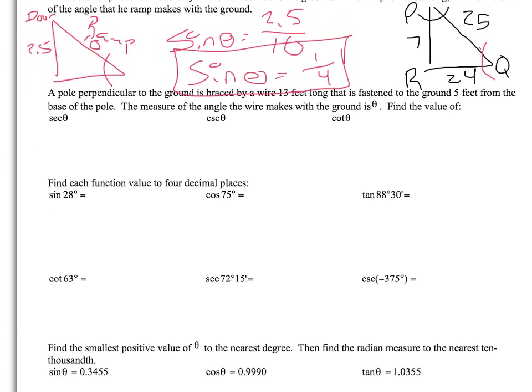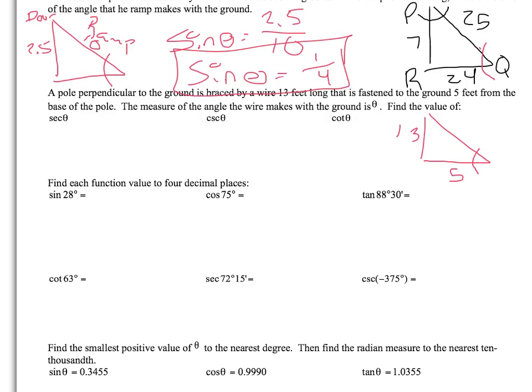A pole perpendicular to the ground is braced to a wire 13 feet long that is fastened 5 feet from the base of the pole. So let's draw that picture over here. Okay. So we have a perpendicular pole, wire 13 feet long, so 13, fastened to the ground 5 feet from the base of the pole. The measure of the angle the wire makes with the ground, that's our theta.